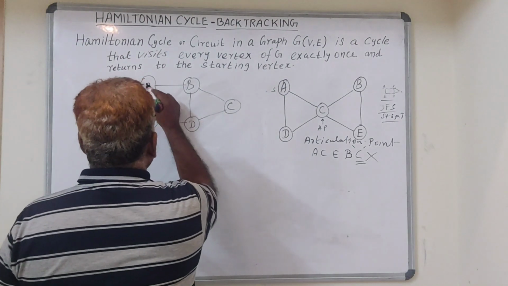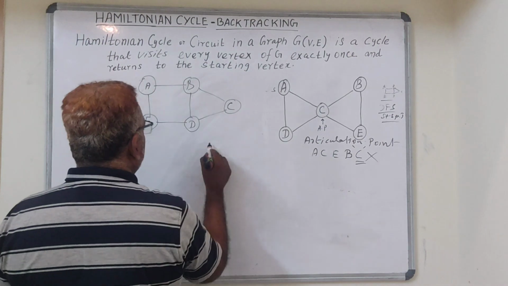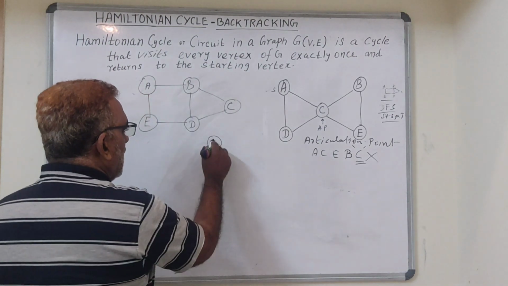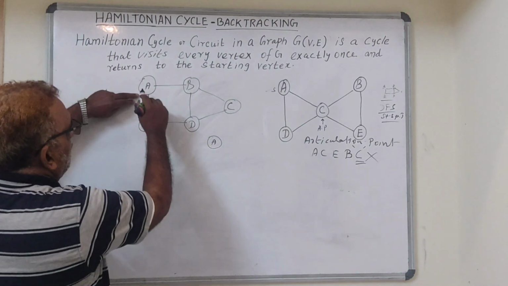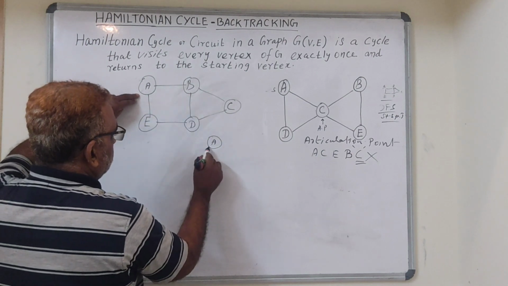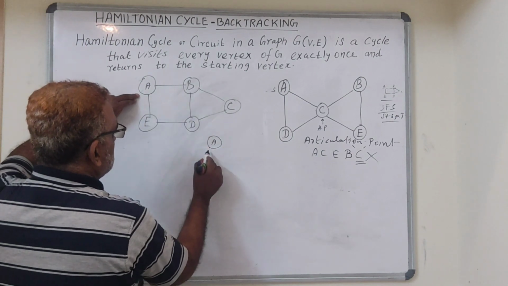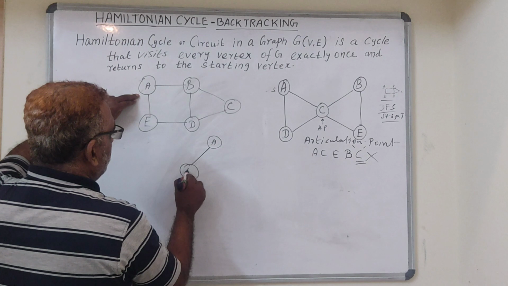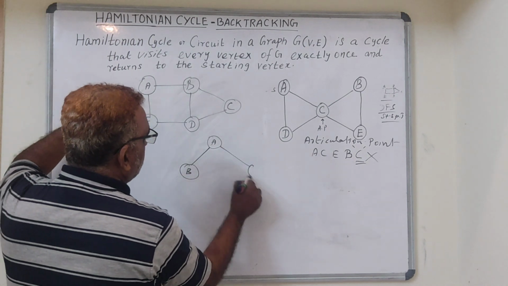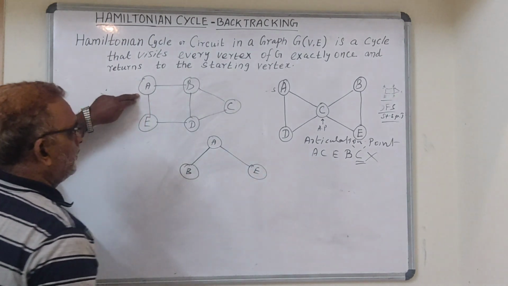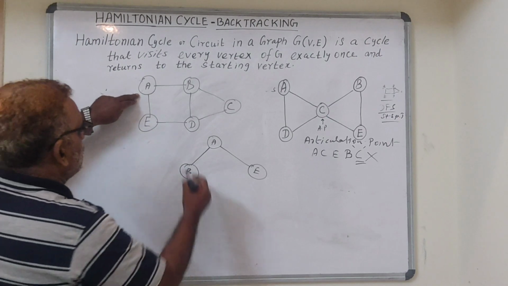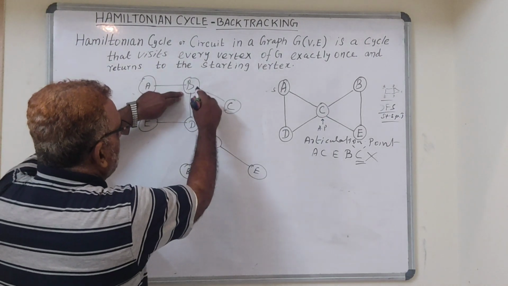For that we take the first starting node, that is A. A is the starting node, and from A we find the adjacent nodes. There are two adjacent nodes, one is B and another is E. From B, what are the adjacent nodes?